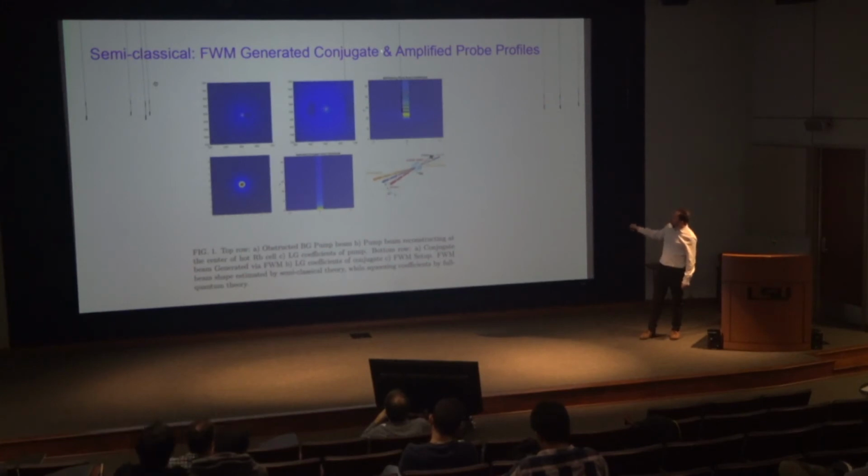Let's say this is your obstructed beam's LG indices, and because of this non-axial obstruction, you now have these OAM contributions as well. But once you focus into the center of the domain, you end up with this bullseye pattern.